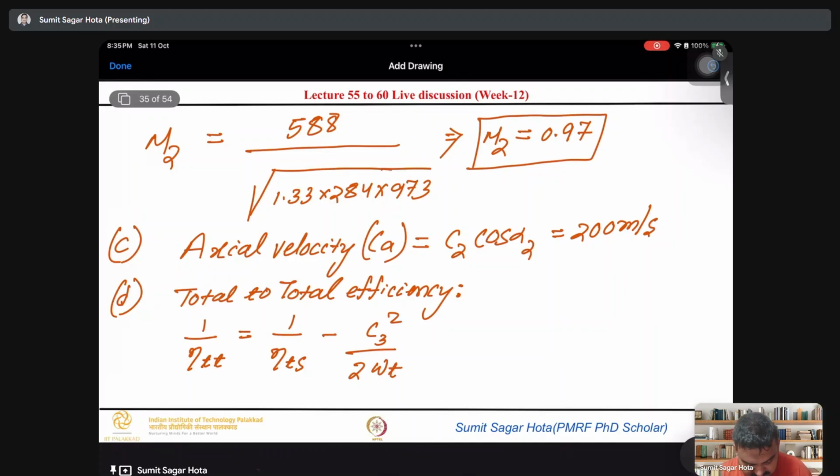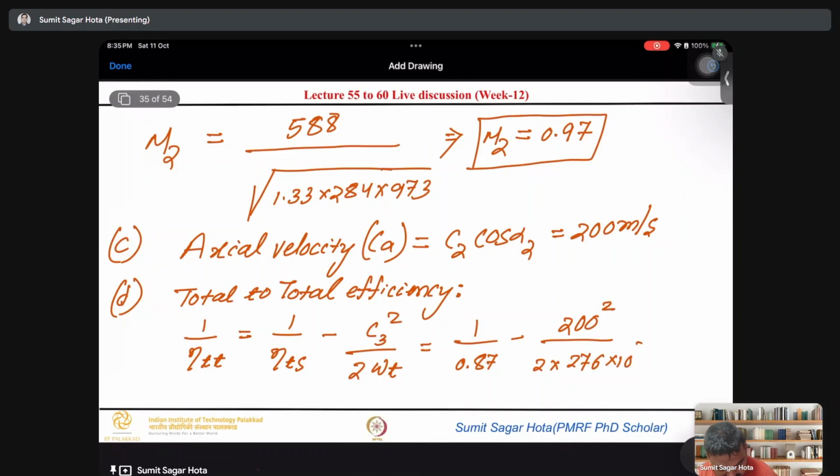Okay. So everything we know, just substitute and find out. 1 by 0.87 minus 200 square divided by 2 into 276 into 10 to the power 3. So if you solve, you will get the total to total efficiency as 0.93 or 93%.